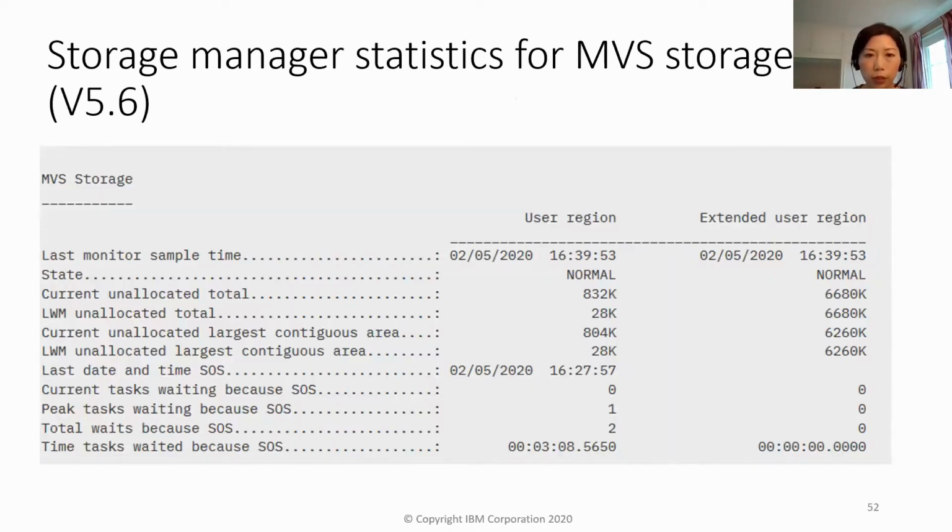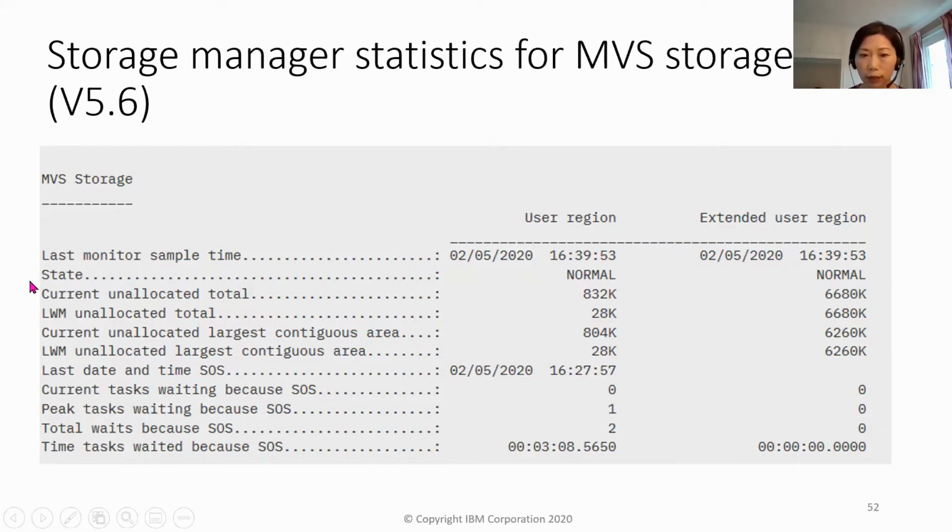Just briefly, to show you the MVS storage statistics, here is what it's like if you were looking at 5.6 statistics now. You can see the user region, which is 24-bit, and the extended user region, 31-bit, and it can tell you when that was sampled and whether those 24-bit and 31-bit areas are in SOS or not.